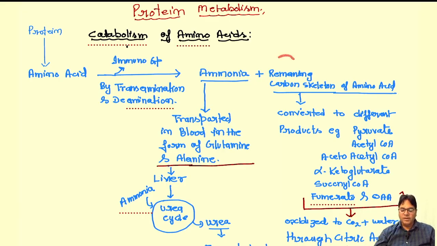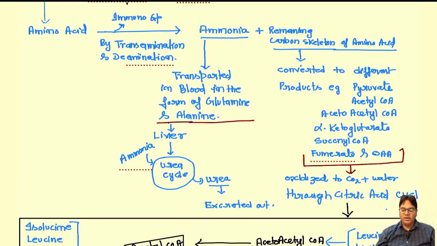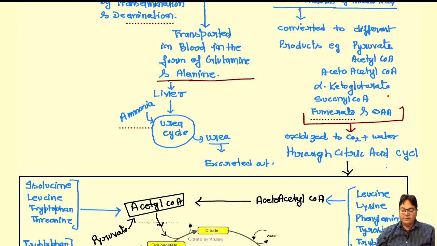But the remaining carbon skeleton of these amino acids is converted into different products like pyruvate, acetyl coenzyme A, acetoacetyl coenzyme A, alpha ketoglutaric acid, succinic acid, fumaric acid, oxaloacetic acid, etc. These are the different compounds formed by the catabolism of amino acids. And these compounds are further oxidized into CO2 and water through the citric acid cycle.